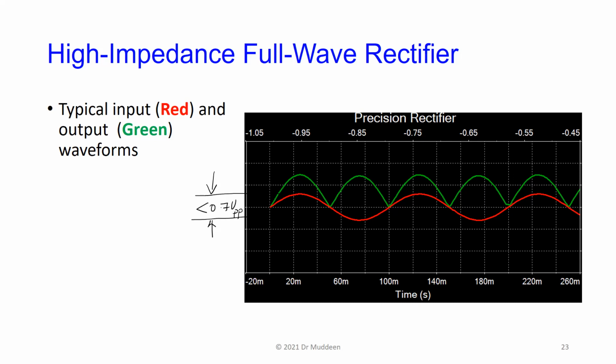So you're able to rectify, like I mentioned before, things like biomedical signals, when you're trying to amplify signals from skin contact for heart measurement and brainwave measurements and so on. You're generally dealing with extremely small signals.